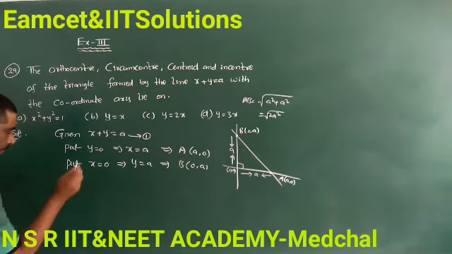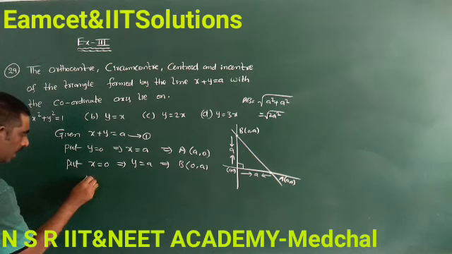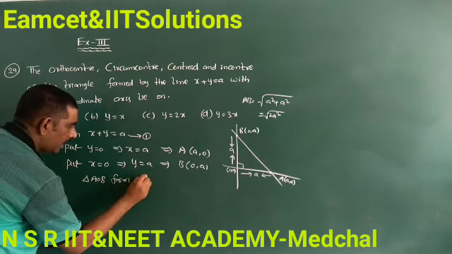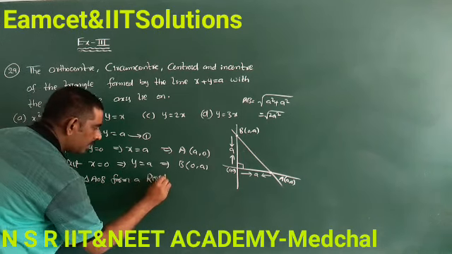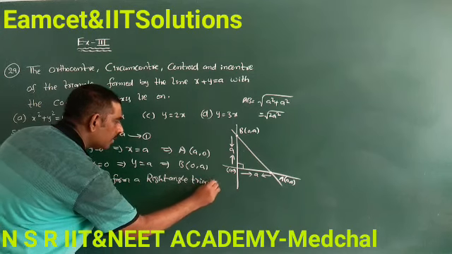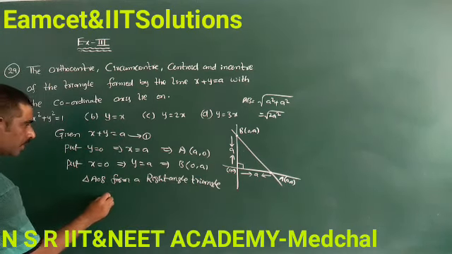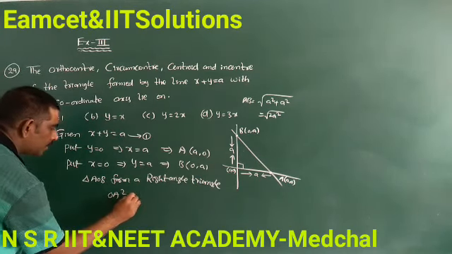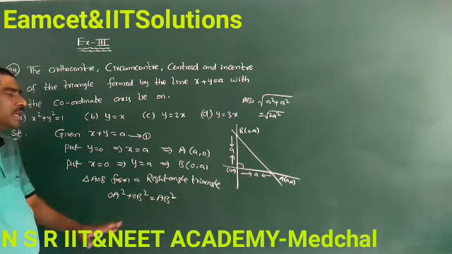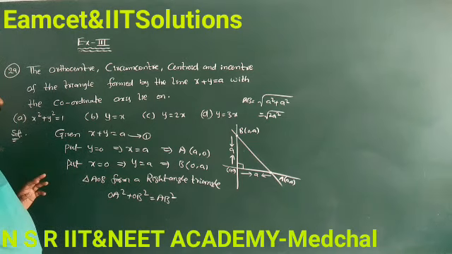So here, see here, triangle AOB forms a right angle triangle, which means OA square plus OB square is equal to AB square. If it satisfies this condition, then OAB forms a right angle triangle.